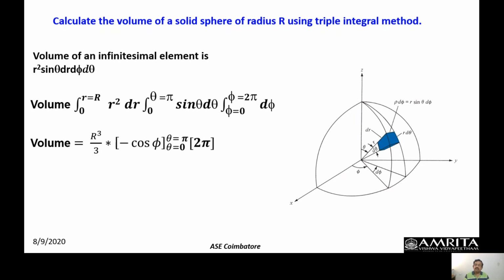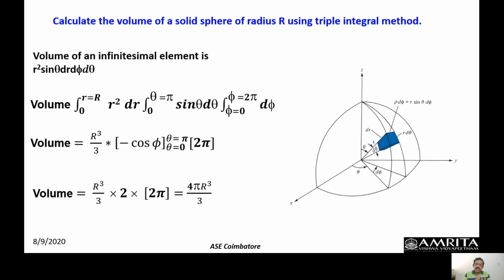The reason is that if I take 0 to 2 pi for theta as well as 0 to 2 pi for phi, then I am going to evaluate the integral twice, which is not correct. Therefore, when you evaluate, you get the volume as 4 by 3 pi r cube, which is again not unexpected. Therefore, that is the usefulness of the infinitesimal volume element.